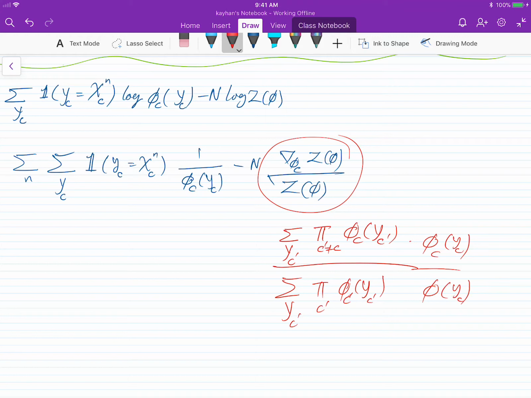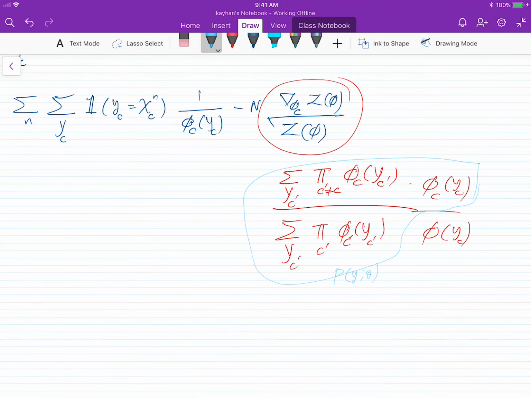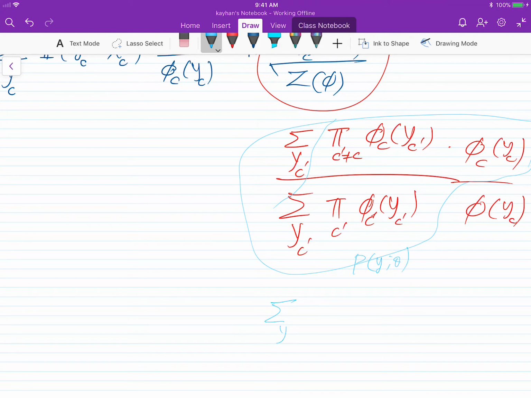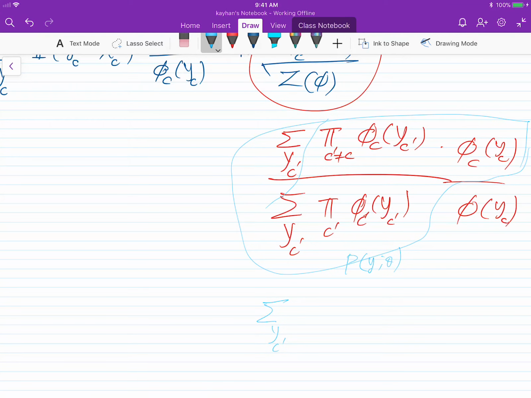phi c. So I'm going to get this term, which is my probability p of y given theta, and I don't get the gradient of that because I'm talking about one number. Because of this sum, okay, so I'm going to get 1 over phi c.